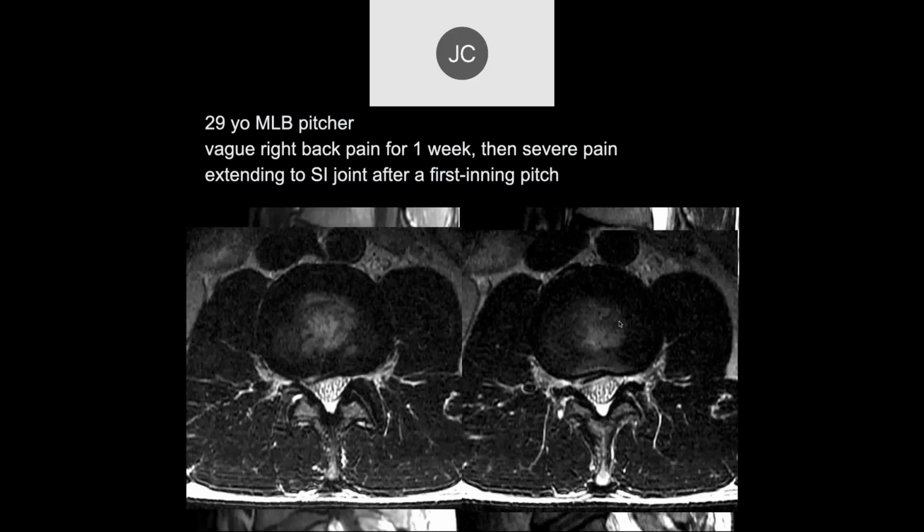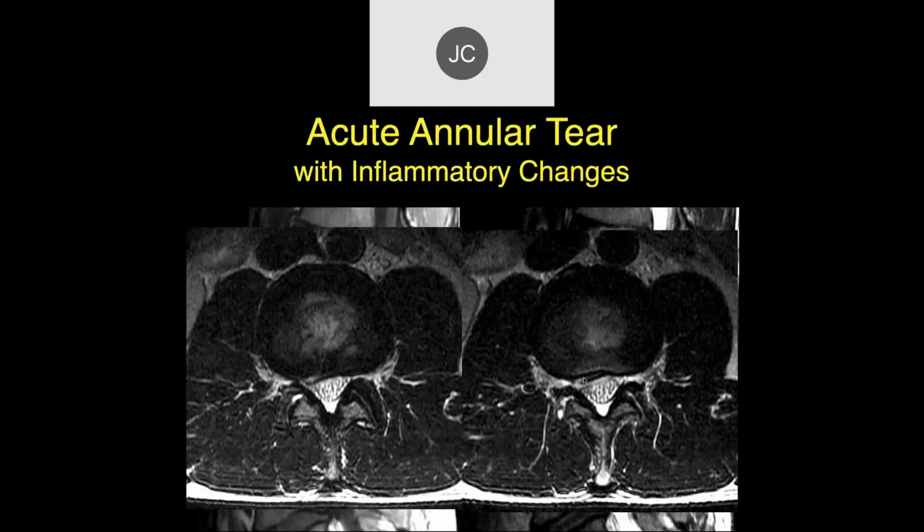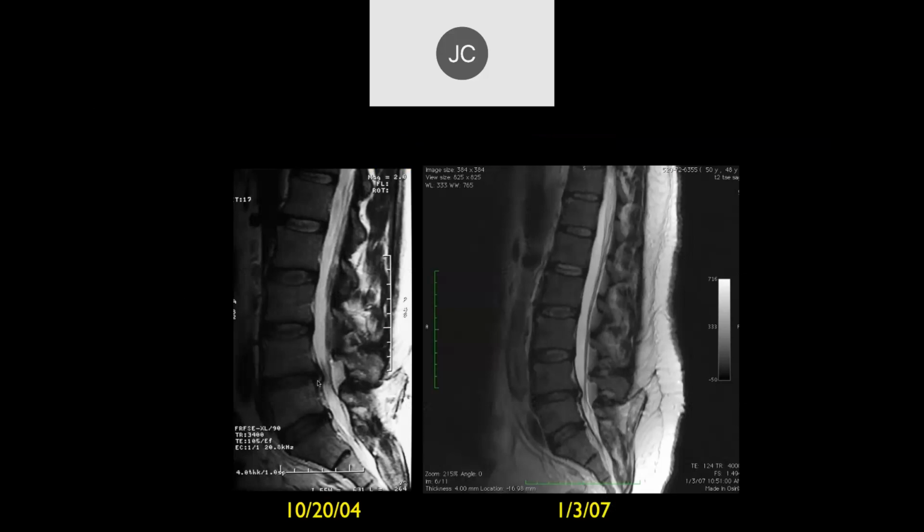It's affecting the right lateral recess. And right in there we can see that there's high signal intensity, so it's a little focal high intensity zone. In this particular case, this was more of an acute injury where you have high signal intensity there as well. But the vast majority of time, these are chronic lesions, not acute lesions.